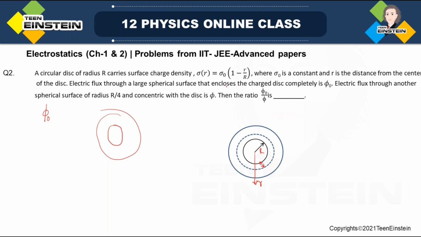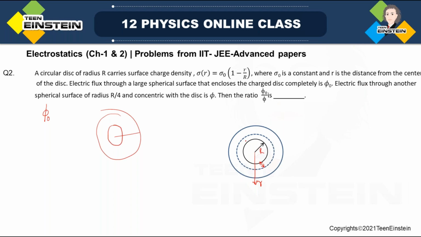Sorry, the electric flux through a large spherical surface that encloses the charged disk completely. When the disk is completely enclosed, what is the flux through this spherical surface, and the electric flux through another spherical surface of radius r by 4.